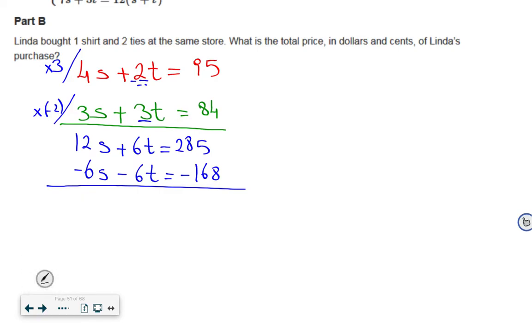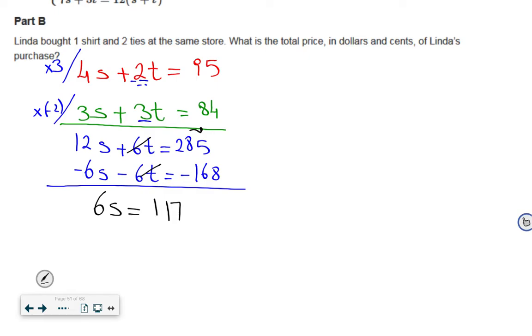If you add them up, you will get positive 6T and negative 6T will be simplified. 12S minus 6S will be 6S is equal to, when you subtract, 15 minus 8 is going to be 7. 7 minus 6 is going to be 1. And 2 minus 1 is 1 as well.